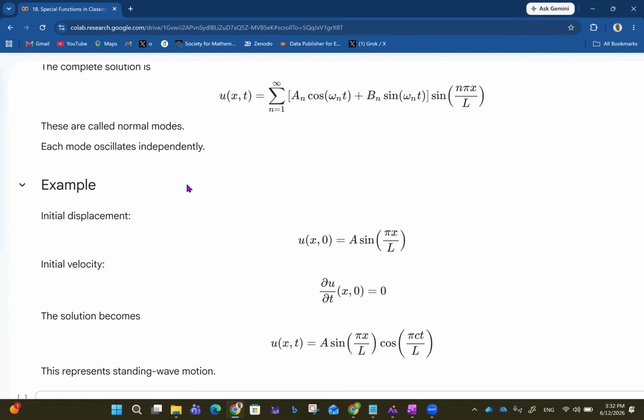And then we talk about an example, a specific situation where the initial displacement, like maybe you pluck a guitar string, means that at the initial time, the displacement is A sin(πx/L), where A is the amplitude. So the initial velocity is ∂u/∂t(x,0) = 0, and then the solution becomes u(x,t) = A sin(πx/L) cos(πct/L).